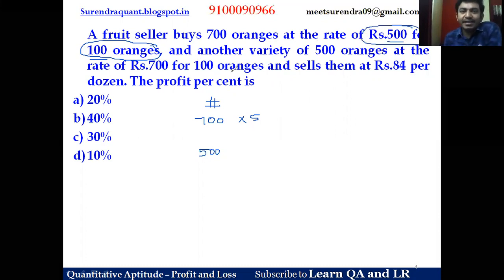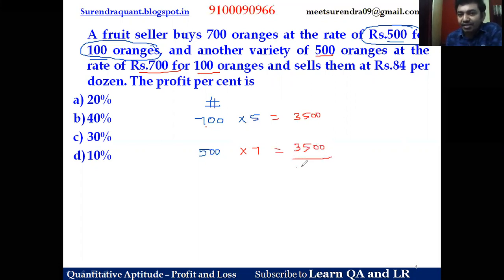What about the second variety? He purchased 500 oranges at the rate of 700 rupees for 100 oranges. 700 by 100, so each orange costs 7 rupees. So total he purchased 700 into 5, 3,500 rupees for the first variety, and 500 into 7 is 3,500 rupees for the second variety.